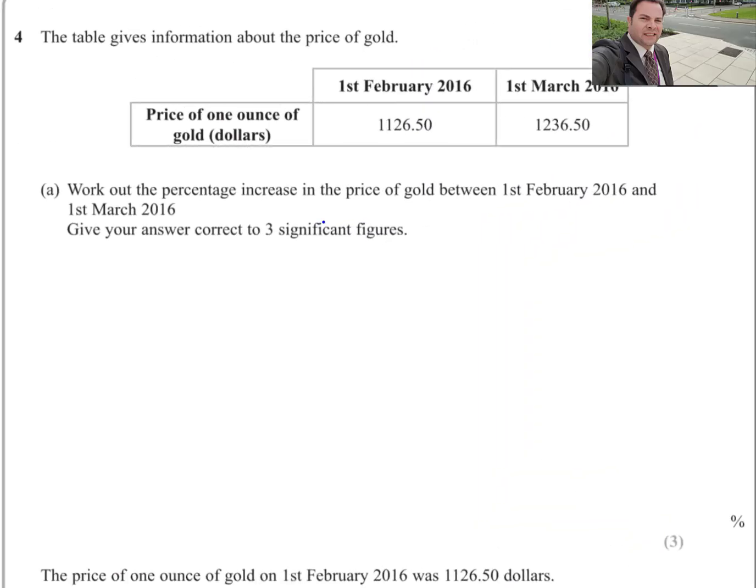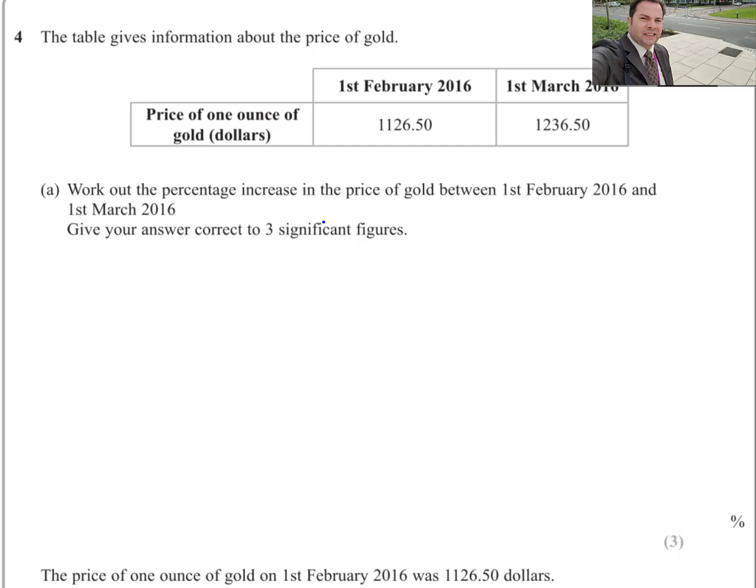Question number 4. The table gives information about the price of gold. This table is given on 1st February 2016 and 1st March 2016. Work out the percentage increase in the price of gold between 1st February 2016 and 1st March 2016.